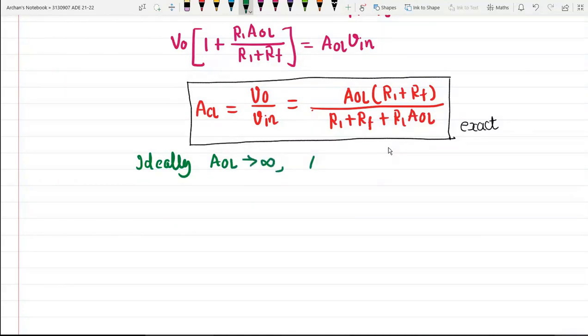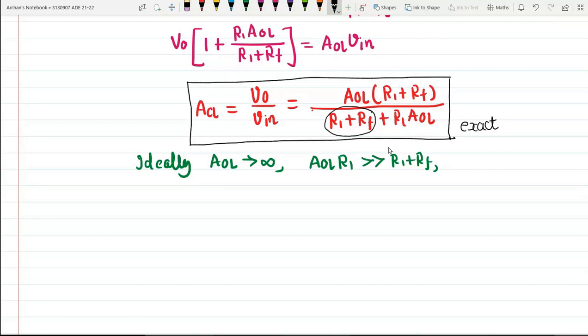So what will happen to the parameter AOL times R1? AOL times R1 will be very much greater than R1 plus RF. So if you neglect this term R1 plus RF, my denominator of this equation becomes very large.